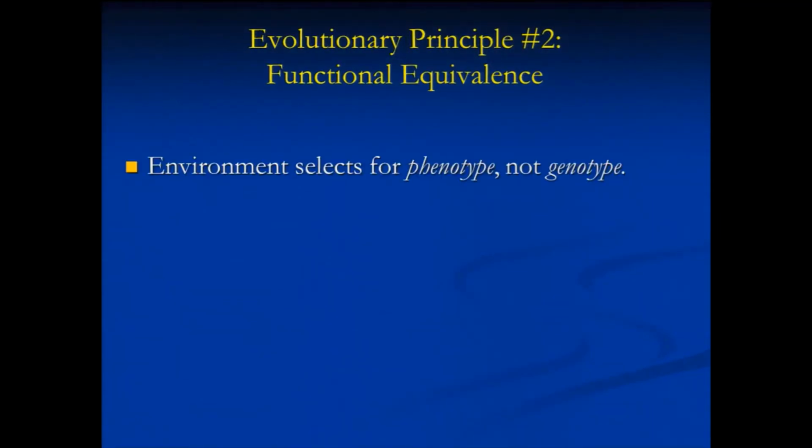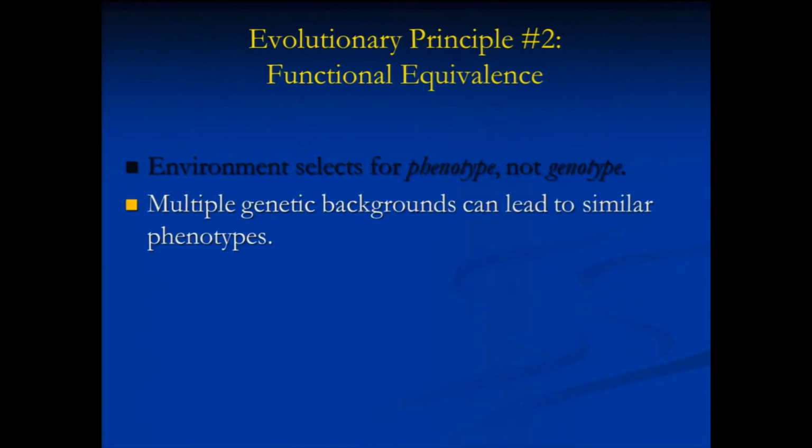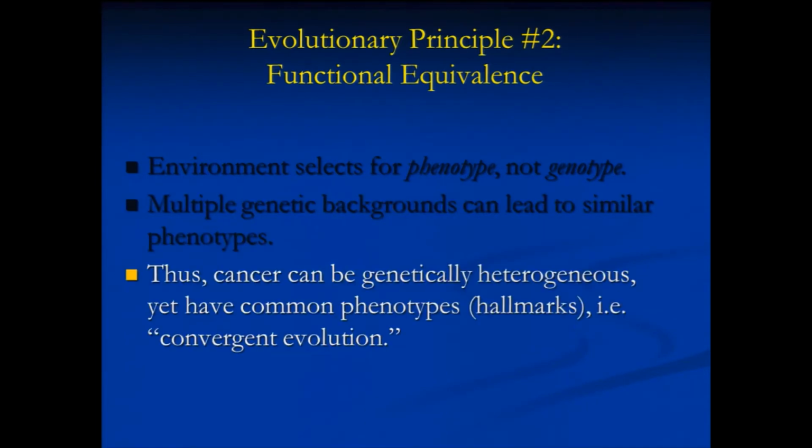So functional equivalence, a second evolutionary principle, is that the environment selects for phenotype, not genotype. And multiple genetic backgrounds can lead to similar phenotypes. So thus, cancer can be genetically heterogeneous, yet have common phenotypes caused by convergent evolution.